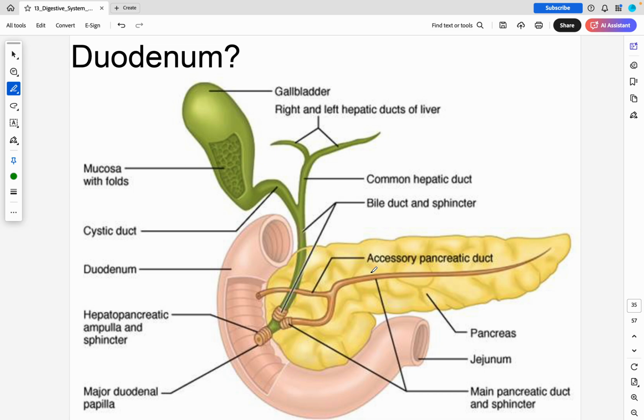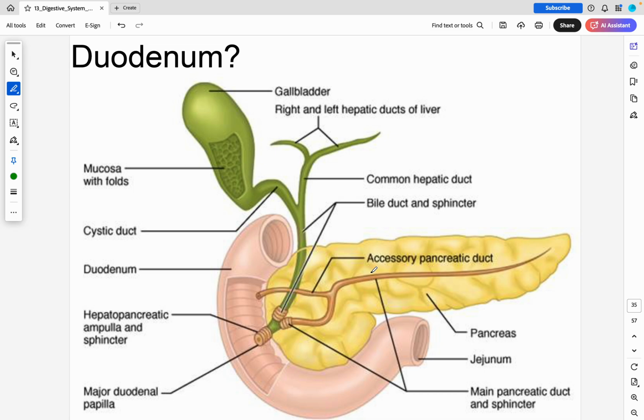The gallbladder primarily functions to store a liquid called bile. Bile is important for fat digestion, the chemical breakdown of fat. It's a mixture of different materials: cholesterol, bilirubin, and bile salts.